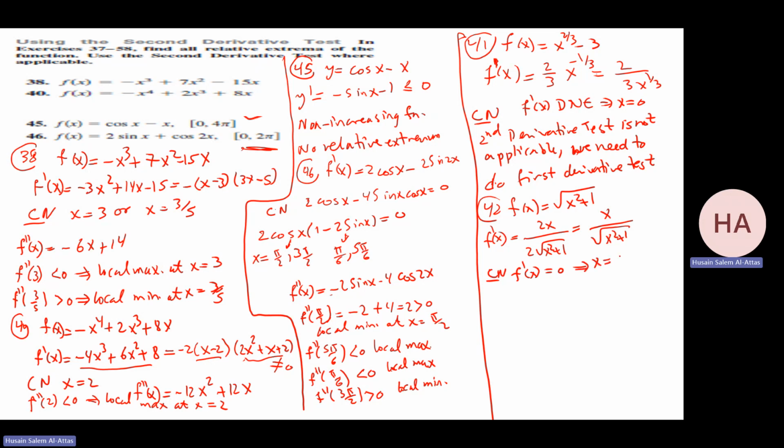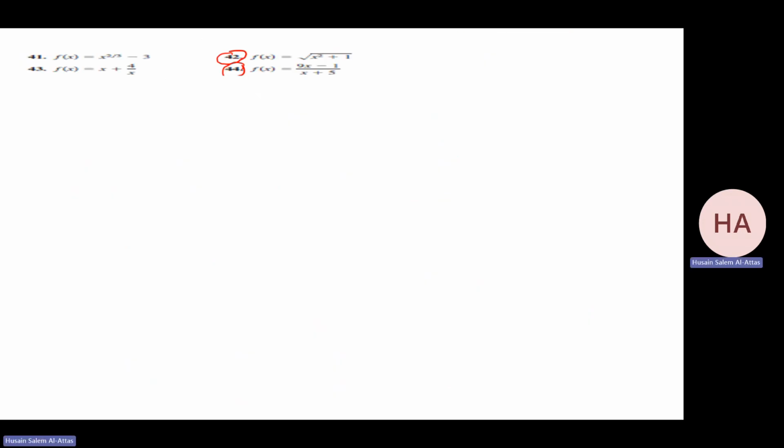So I have x equal to 0. Okay, second derivative. If we do the calculations, you're getting this. Which is always positive, by the way. So I have f double prime at 0 will be 1 positive. So I have local minimum at x equals 0. Okay, this 42. 43, x plus 4 over x.